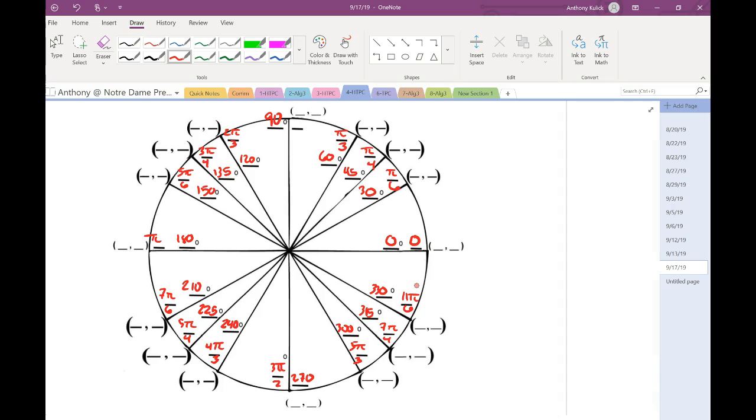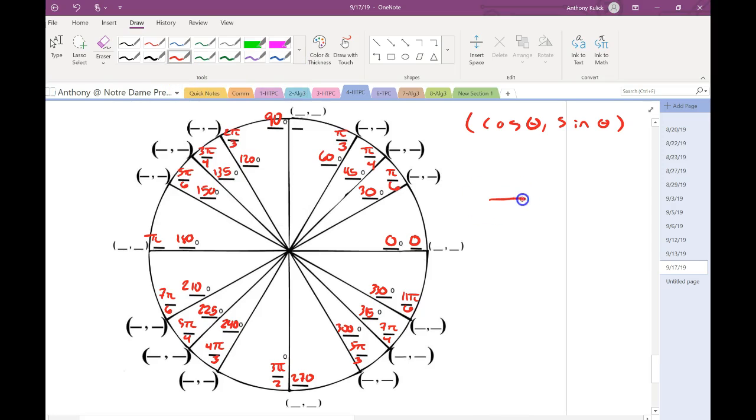Okay. So remember that each of these points on our unit circle is in the form cosine, comma, sine. Yes, Angela? 5 pi over 3. So let's first look at, say, the 30 degree.